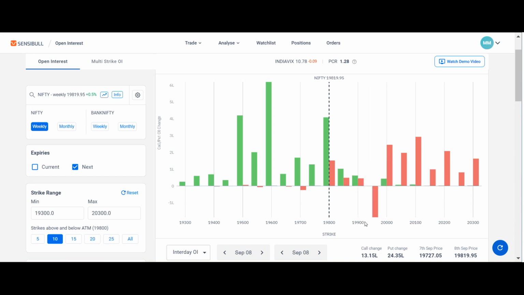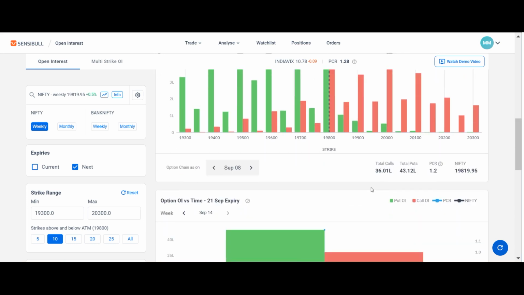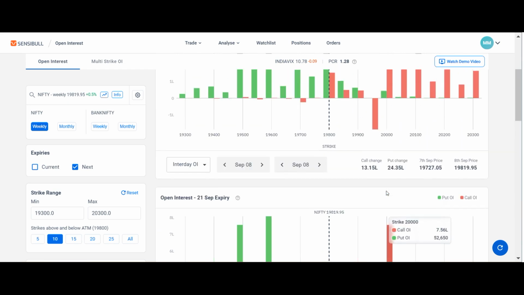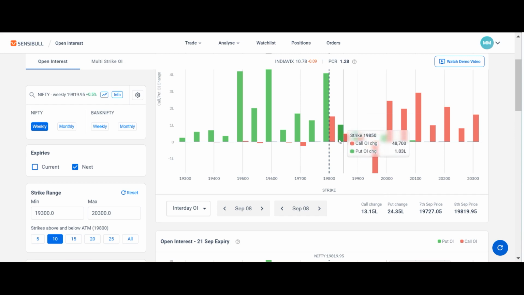So they have already covered their positions, okay? There could be any reasons for this, right? These guys have already covered, so they are seeing momentum till 19,950 coming in the next session, right? Monday or Tuesday. So this is what they are expecting right now, right? So they have covered their positions.